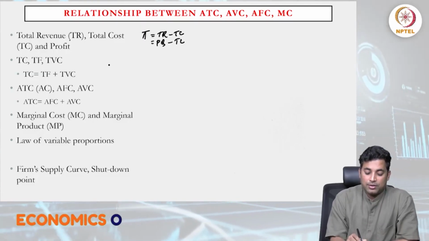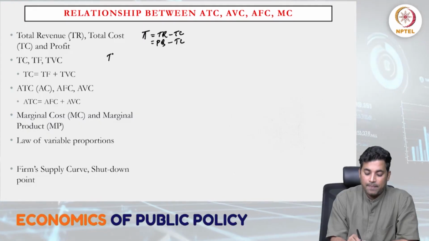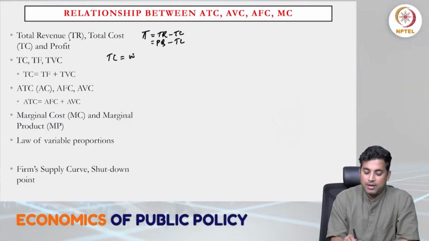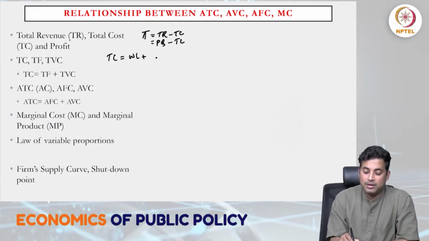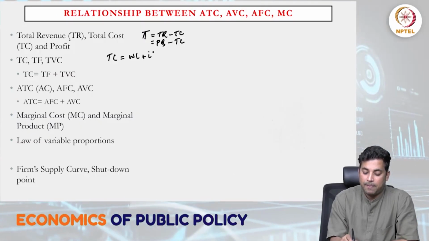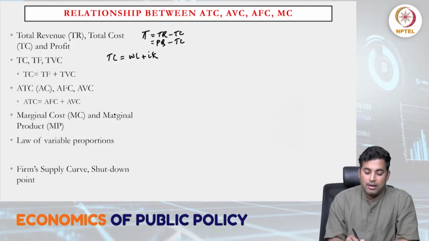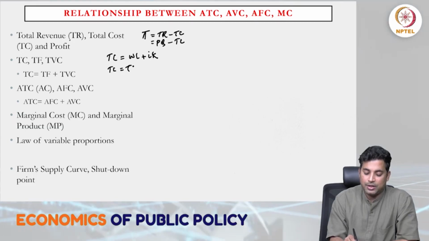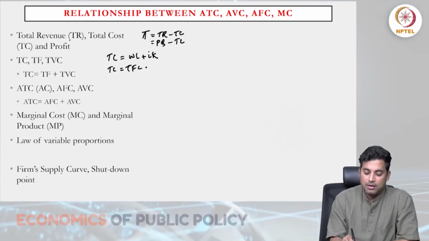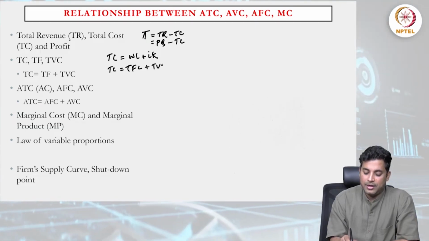So what is total cost? Total cost, the same logic with two variables like labor and capital, is divided into total fixed cost and total variable cost.